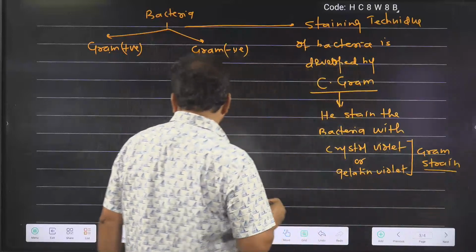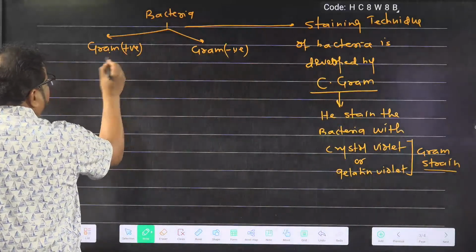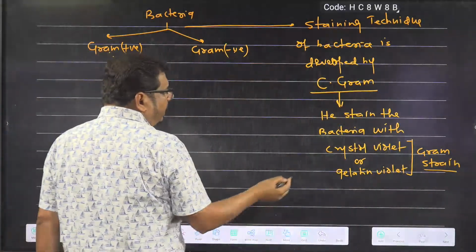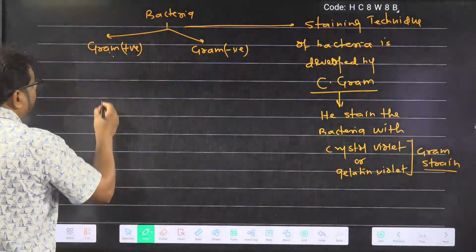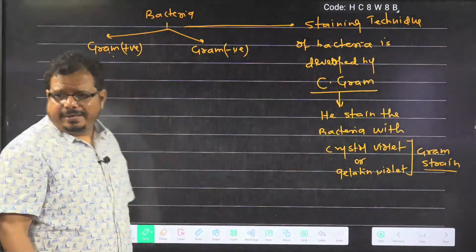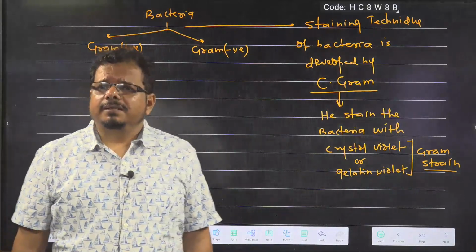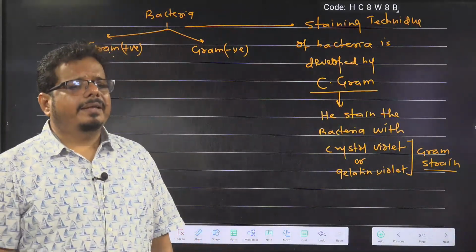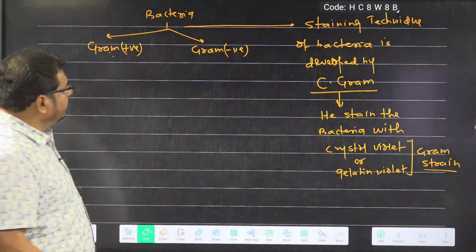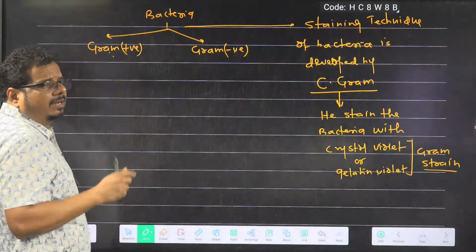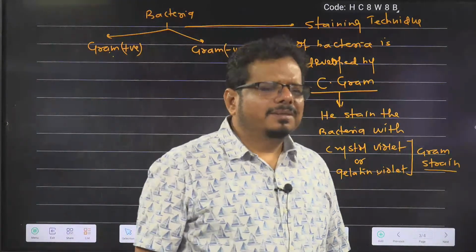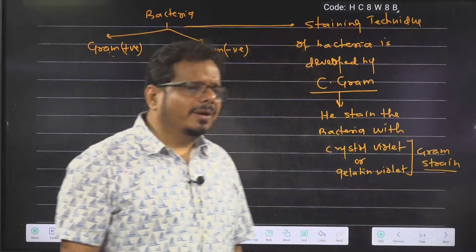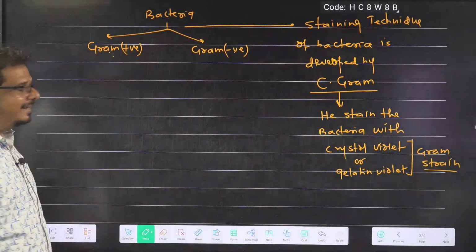So the bacteria that retain the stain are called gram positive, and the bacteria that do not retain the stain are called gram negative. So what are we doing? We are staining the bacteria first. After that, we are washing it with alcohol.